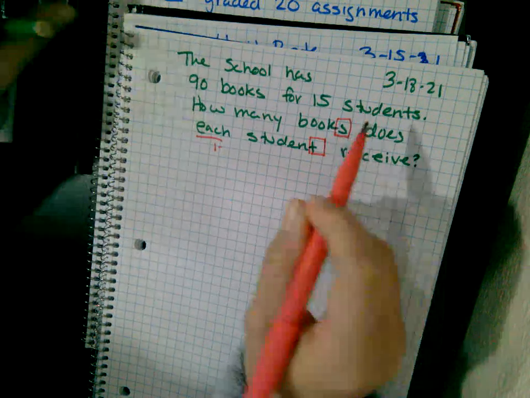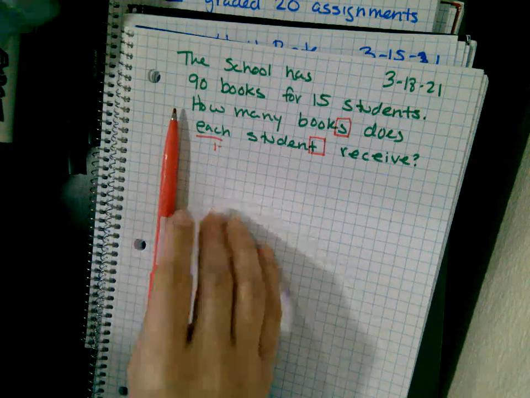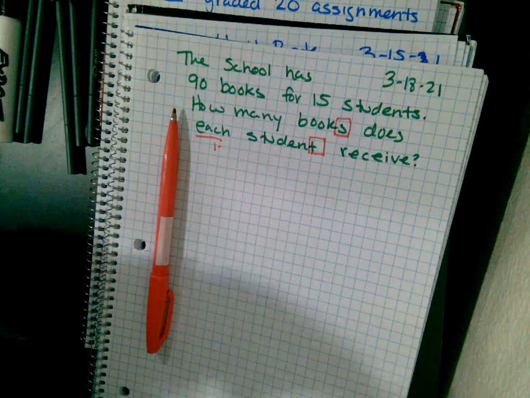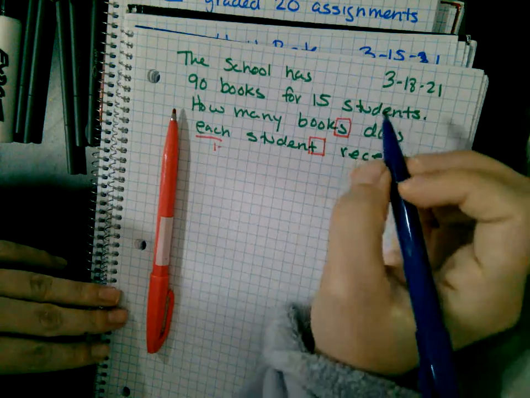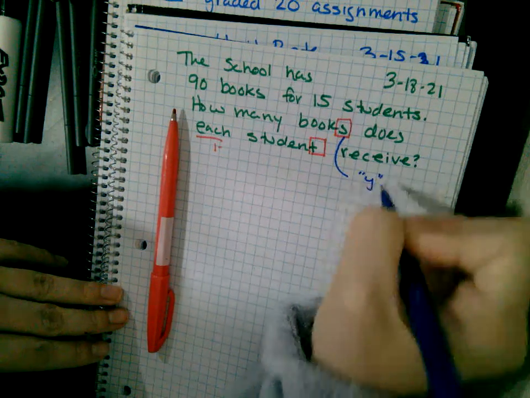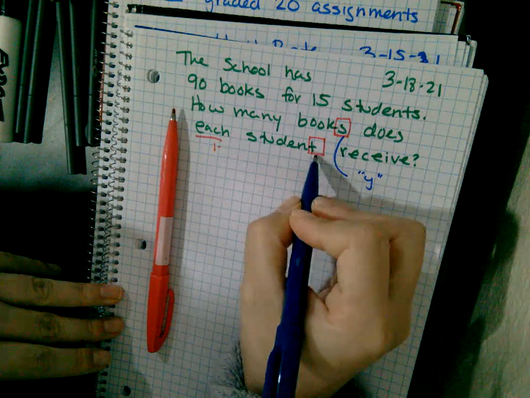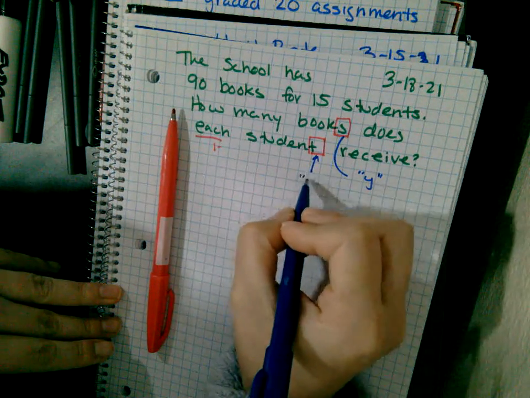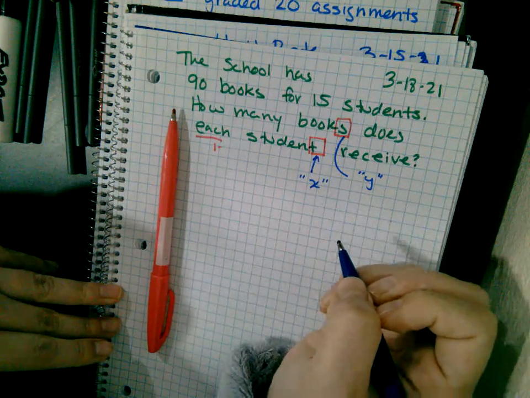Books. So where there is an S, whichever word is plural, that is going to be your Y. Which word is singular, meaning not plural, that's going to be your X. Okay?